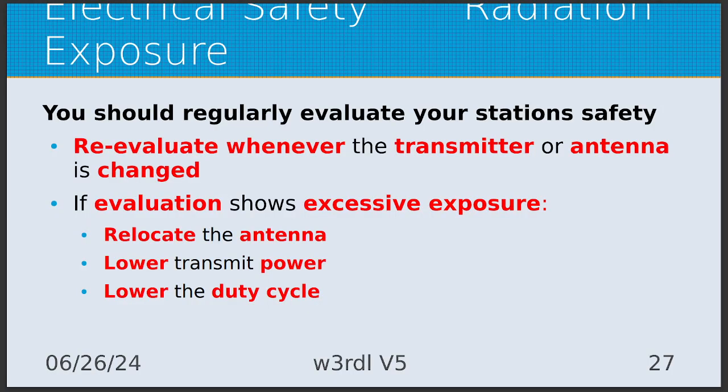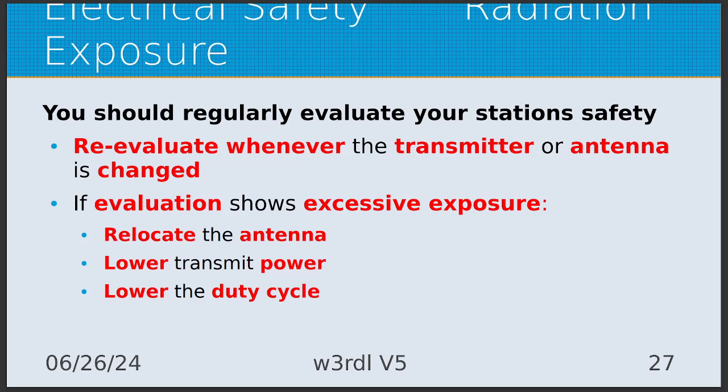You should regularly evaluate your station's safety. Reevaluate whenever the transmitter or antenna is changed, or whenever you add something new, you have to make the calculations for that. If evaluation shows excessive exposure, you should either relocate the antenna, lower the transmit power, or lower the duty cycle.